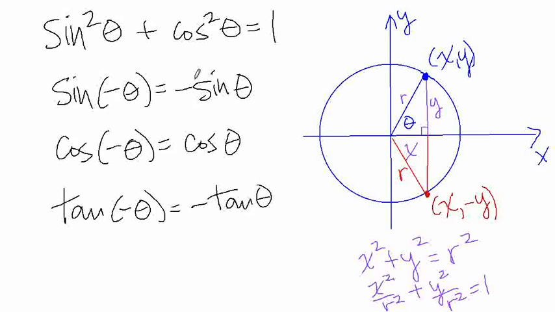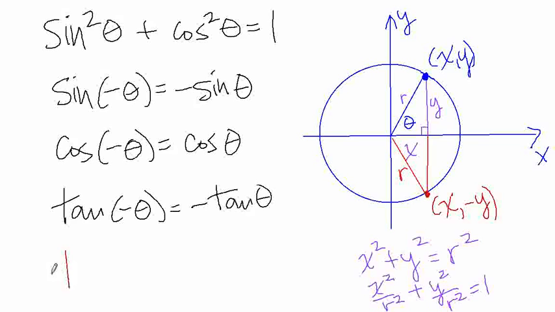Now, notice that for my 2 points, the blue and red point, the x-coordinates are equal. And the cosine function is related to the x-coordinate. So the third identity is true because the x-coordinates are equal for the 2 points that I've drawn in my picture.